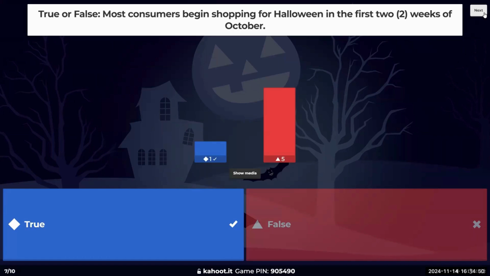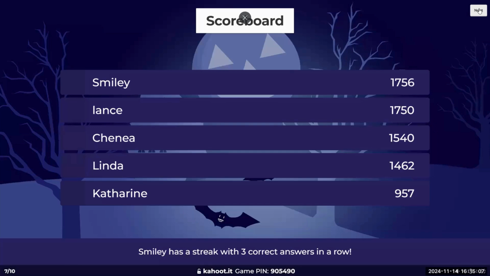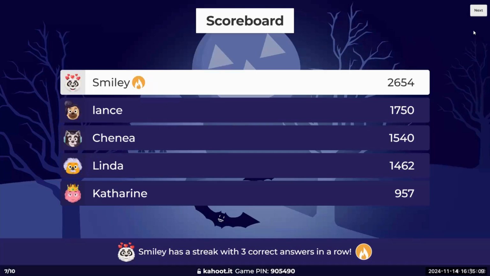And Halloween kicks off this celebration season of the winter holidays. So people get really excited about it. That's part of the science behind the pumpkin spice launch so early as well. There's consumer science behind a lot of the marketing decisions that we see. Smiley, you've got three correct answers in a row, and we are proud of you.